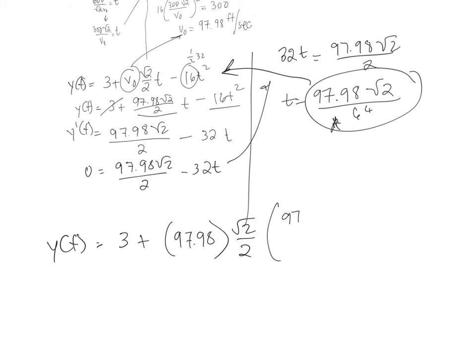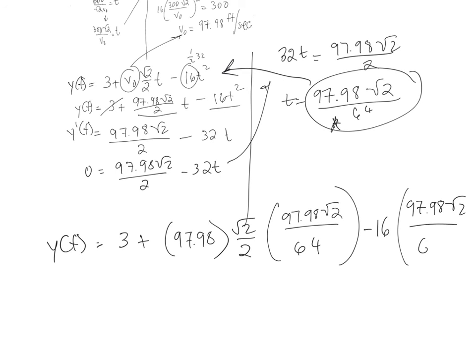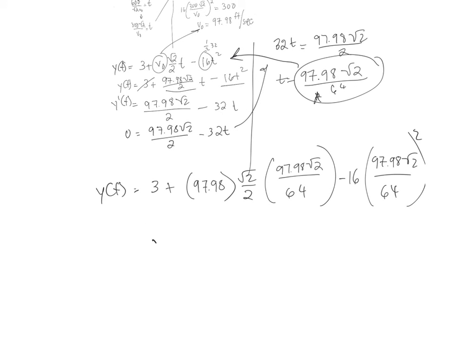So you have 97.98 root 2 over 64 minus 16 multiply 97.98 root 2 over 64 squared. You should be able to do the arithmetic, plug that into your calculator. You should be able to get the maximum height of 78 feet to this decimal places.